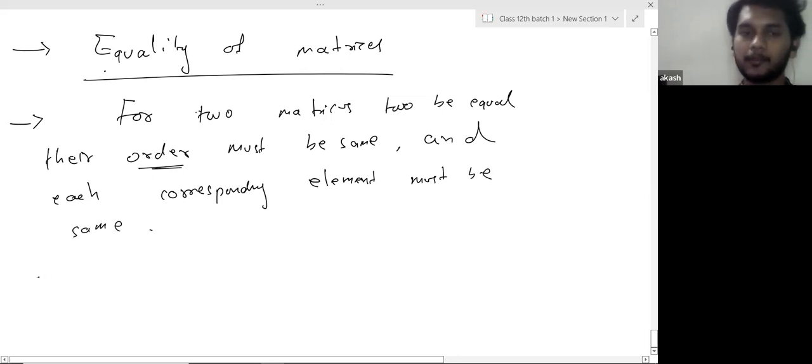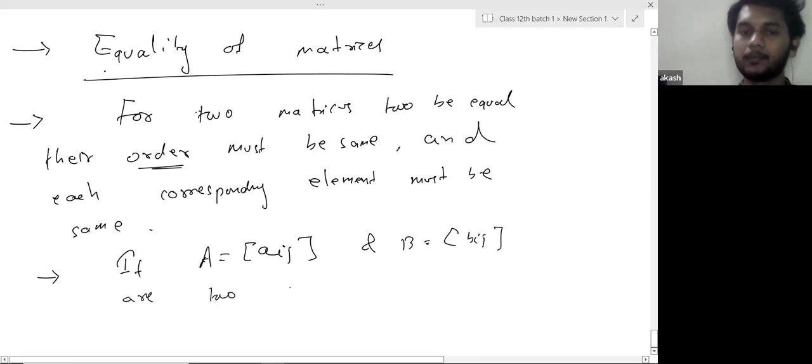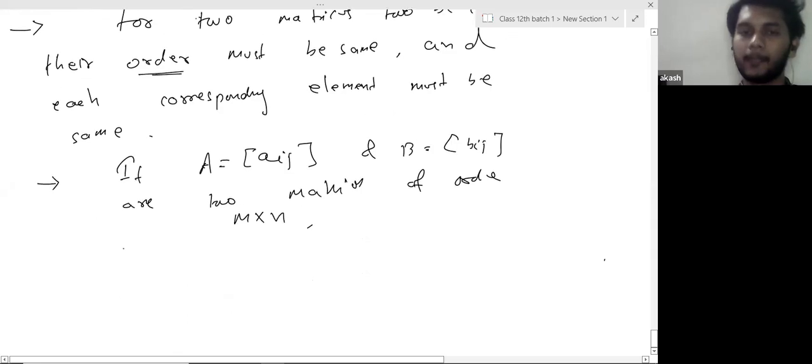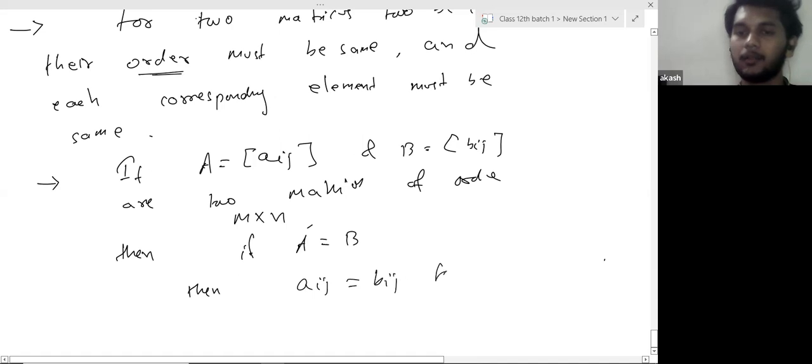What this means is, if A equals Aij and B equals Bij are two matrices of order m by n, then if A equals B, then we'll write Aij equals Bij for all i and j.